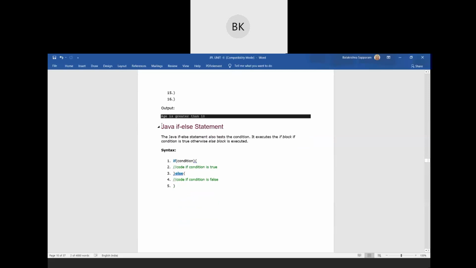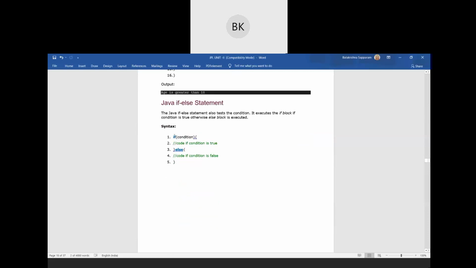Then, what is the if else statement? Before going to decision making statements, an important point: when you come to decision making statements, if or if else, some of these statements are skipped during execution. If the condition is true, if is executed.